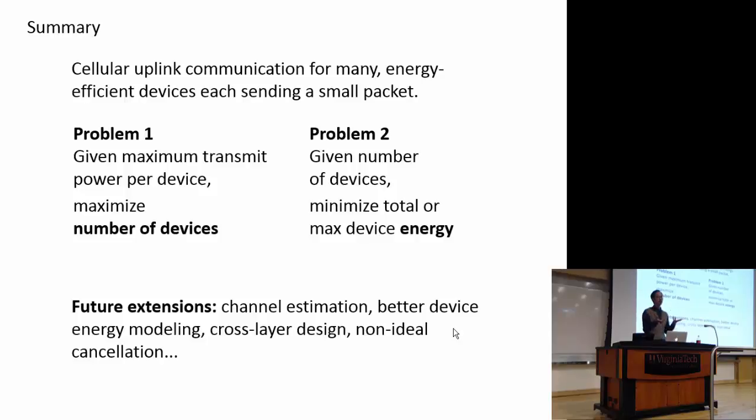And I've made a lot of ideal assumptions here, and I think there's a lot of extensions for this to make these techniques more practical, considering things like channel estimation, better device energy modeling, some cross-layer design, non-ideal cancellation, and so there are a lot of opportunities for other people to contribute to these problems.